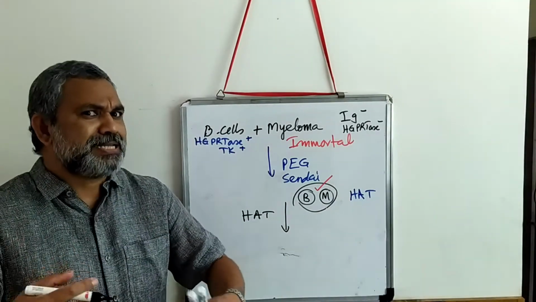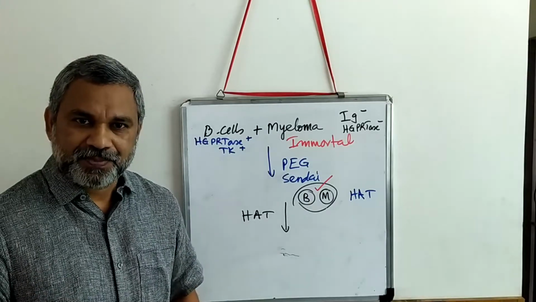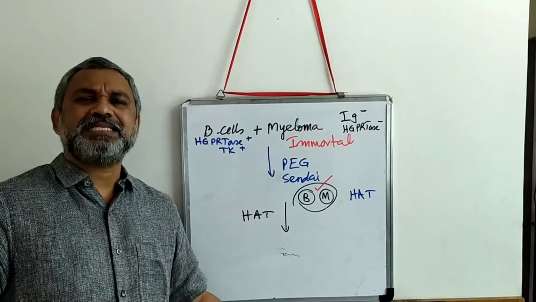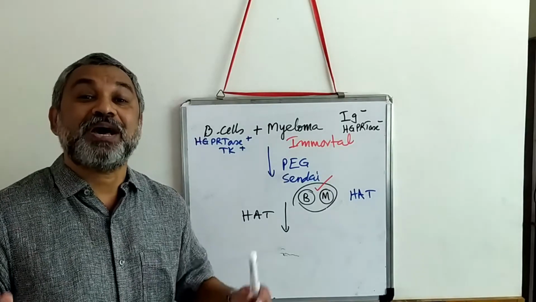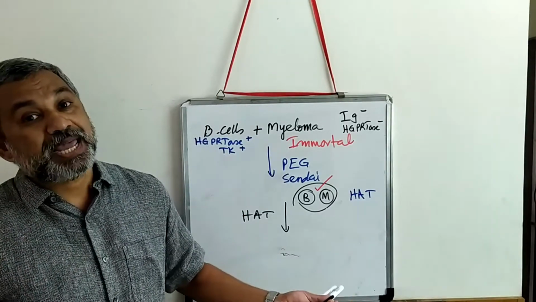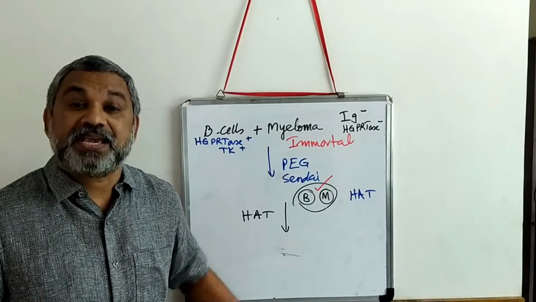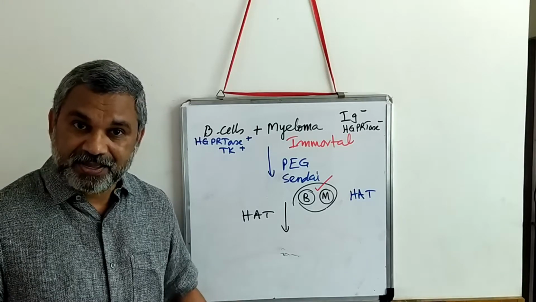Over a period of 7 to about 10 days, all the B cells will die because they don't have immortality. The myeloma cells will also die because they are HGPRTase minus. They cannot survive.